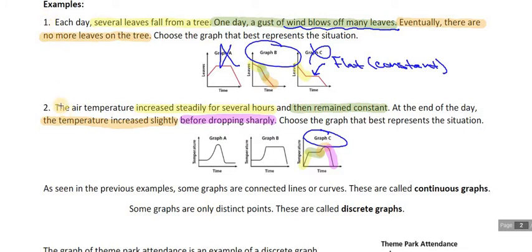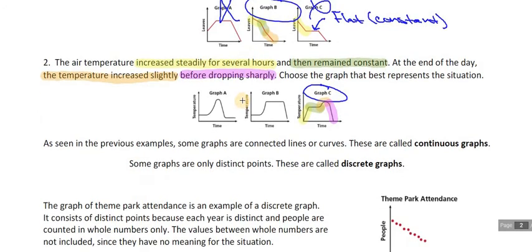Examples 1 and 2 were both continuous graphs because time is continuous and these situations continue flowing. It's not like we have things with specific numbers of people or numbers of objects that we must always stick with whole numbers, which would be a discrete graph.